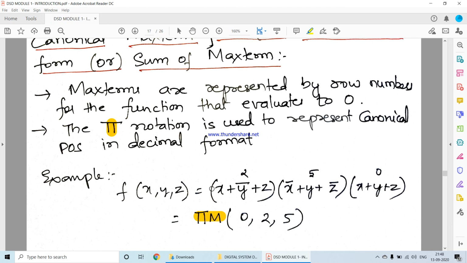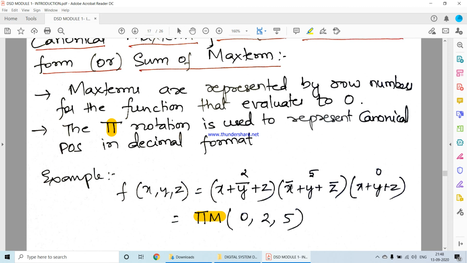So therefore here x plus y bar plus z, x bar plus y plus z bar, this is the max term equation you have. You need to write the max term form. So x plus y bar plus z: x is 0 because 0 is the normal form. The complement, bar, is nothing but 1 because 1 is the complemented form in max term. Therefore 0 1 0, decimal value is 2.